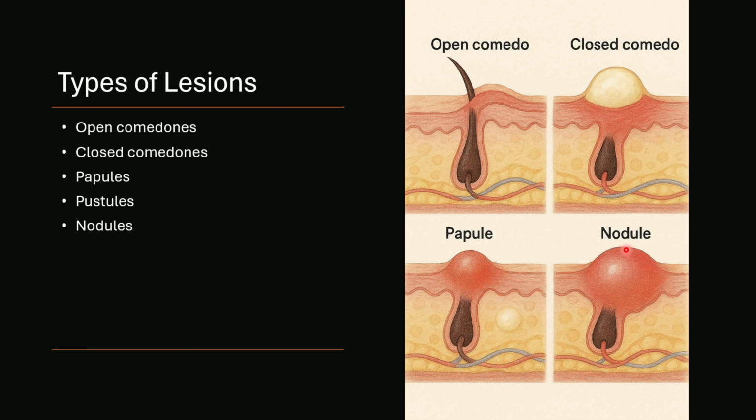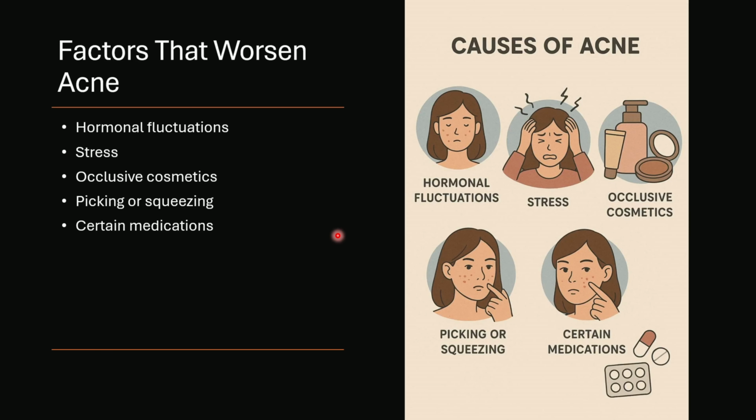The difference between a papule and a nodule is just the size. The nodule is bigger. If you check in the book, you can see the difference is 0.5 centimeter. So a nodule is bigger than 0.5 centimeter, and a papule is smaller. A pustule is pretty close to a closed comedone, but a little different. It's bigger than the closed comedone, and there is pus as well.